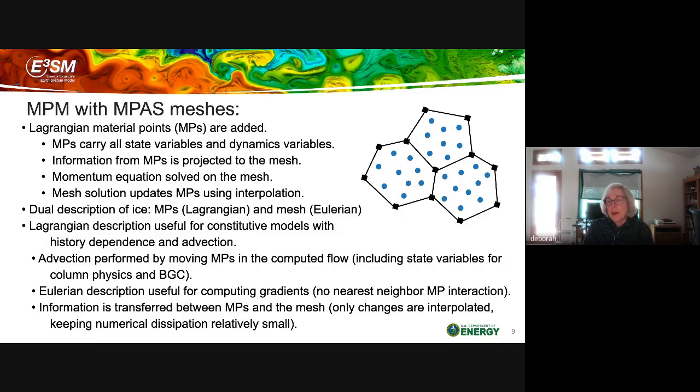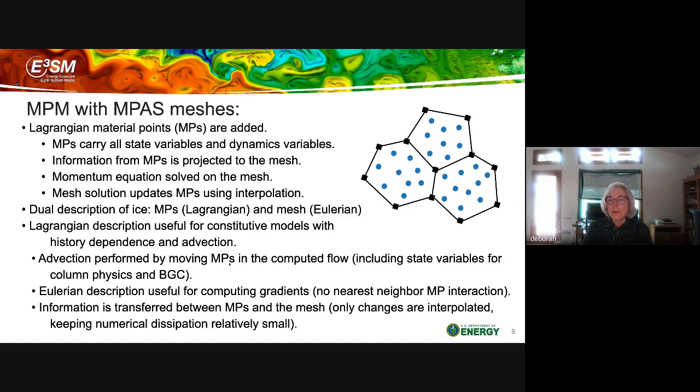So with MPM, what the material point method does is add to this Eulerian description of the material a Lagrangian description, a bunch of material points, which are represented here by these blue disks. So the material points carry all the state variables and dynamics variables for the solution of the problem.